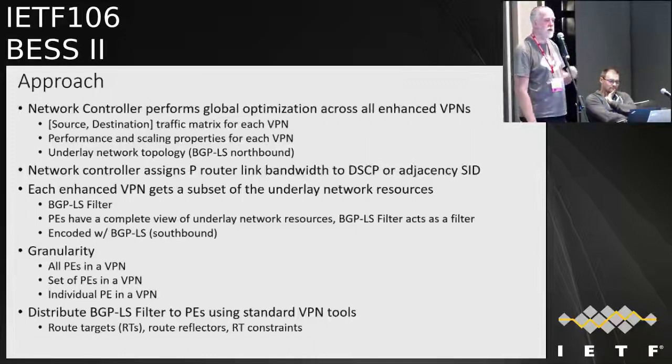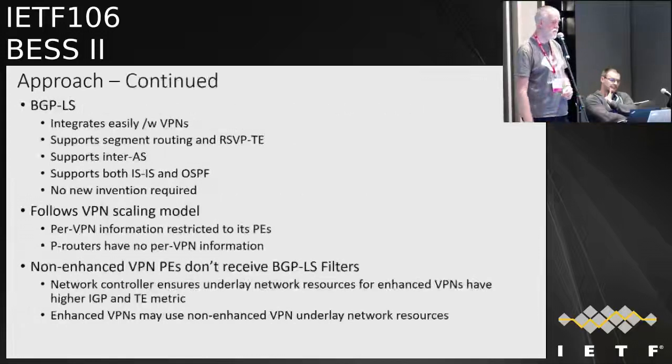You can apply this in all sorts of granularities, so you could do it for all PEs in a single VPN, or a set of PEs in a VPN, or an individual PE. Otherwise, it's like standard VPN tools, pushing the BGP-LS filter around with BGP.